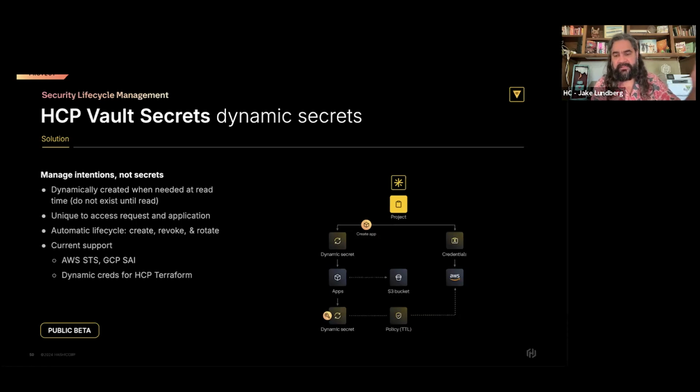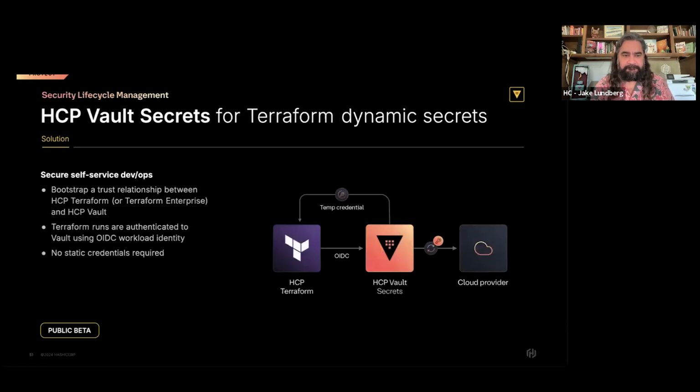And then when that dynamic secret lifecycle ends, it automatically removes it from those endpoints. So think just-in-time secrets, but also the removal of those secrets over time so that they just don't exist in a system and you can't get leakage of those. Somebody gets a hold of a dynamic secret, say a week after it's expired, who cares, right? It's no longer viable within those environments. So it's available as a public beta inside of HCP Vault Secrets.